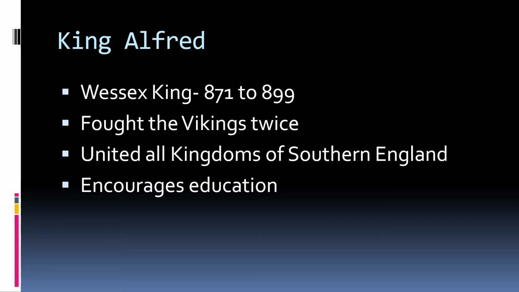King Alfred is also another king to be noted when we learn about the Anglo-Saxon period. He is actually a Wessex king. His reign was from 871 till 899. He fought the Vikings. I already told you in the beginning that after Celts, Romans came, and after Romans, Anglo-Saxons came, and after Anglo-Saxons, the Vikings tried to invade the country.